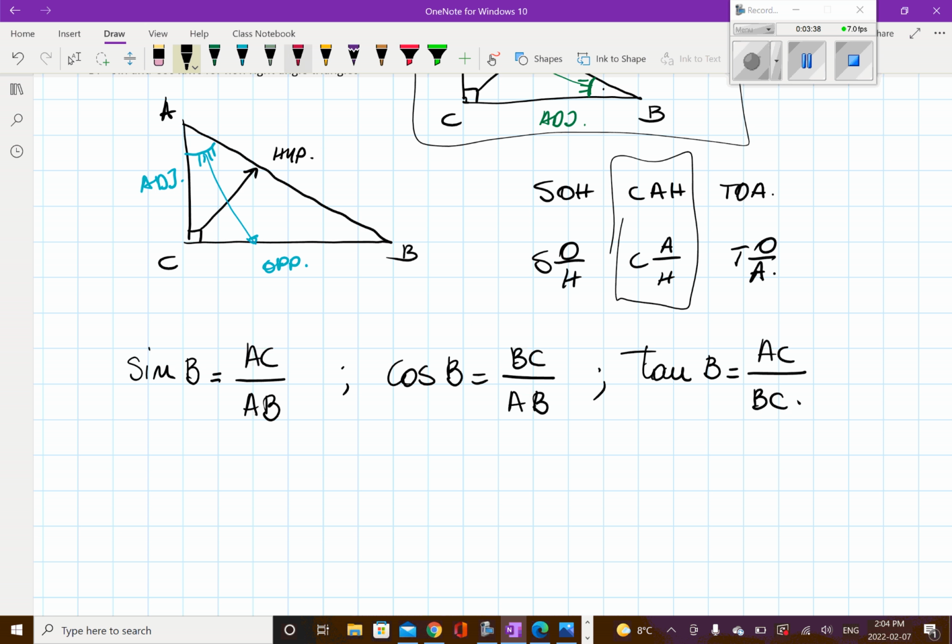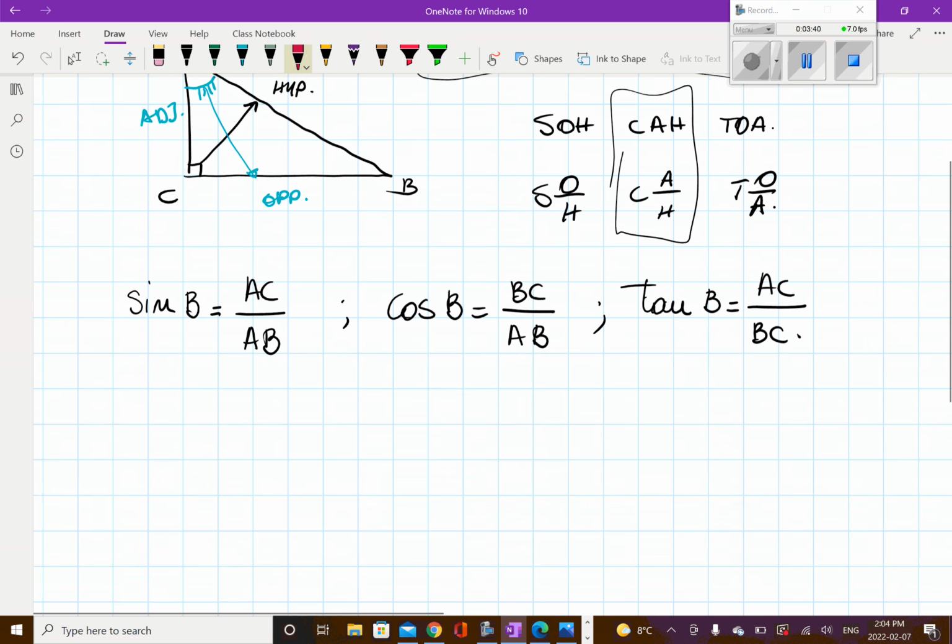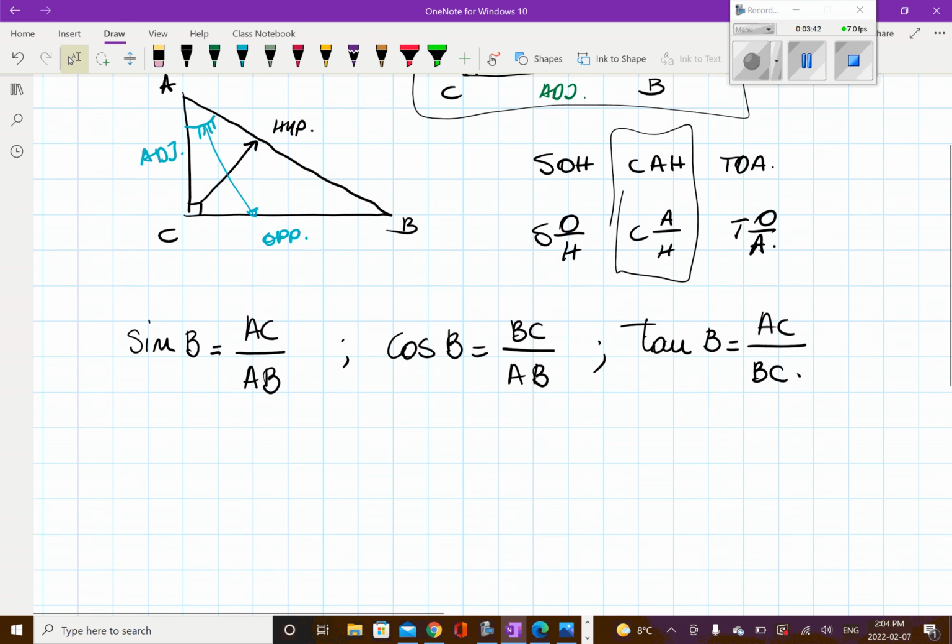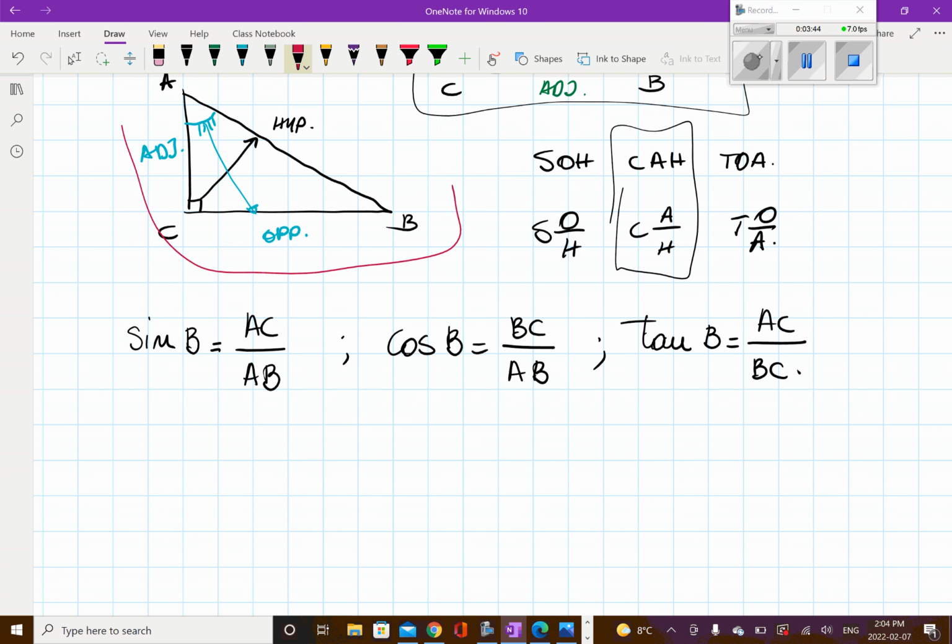And if we are calculating the sine of angle A for this one here, then we'll ask what is the opposite of angle A, which will be BC over hypotenuse, that is AB.